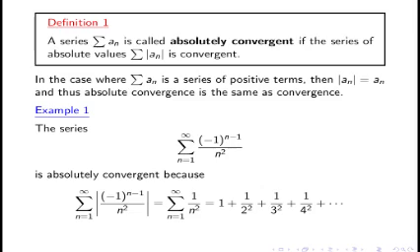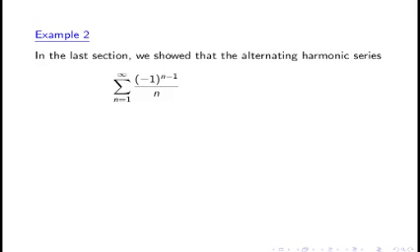And we know that that is a convergent series because it's the p-series with p equal to 2, right? And so this is an example of an absolutely convergent series.